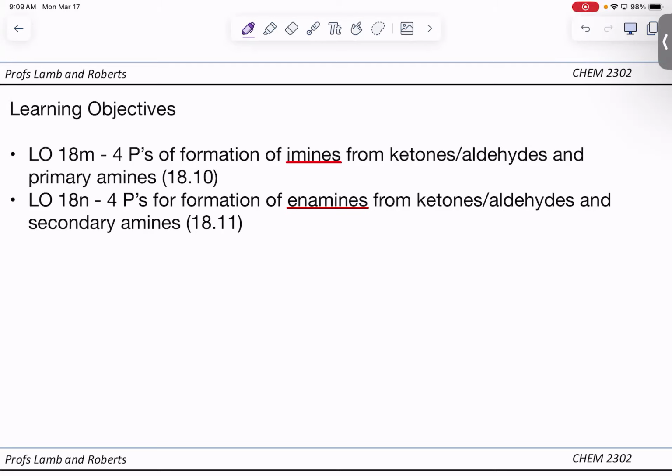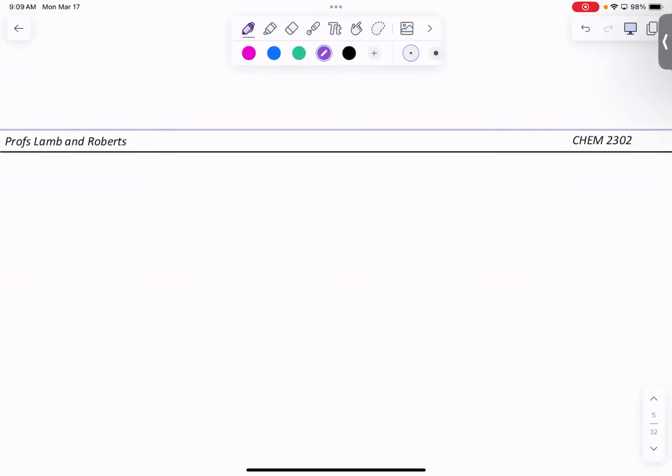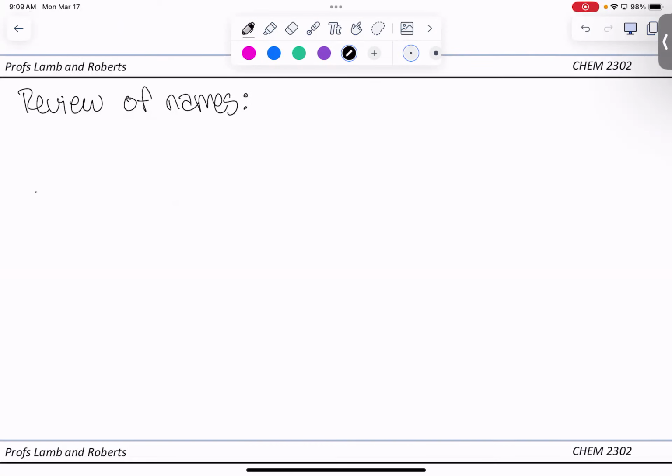All right. So I'm going to do a really quick review of some naming things that we've talked about. We have some intermediates here, and I want to make sure everyone's on the same page. We talked previously about this compound being called an imine. Specifically, if that came from a ketone, so those 2 R groups are not hydrogen, then we have a ketimine, which is the name of a functional group.